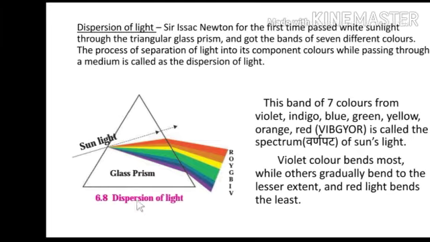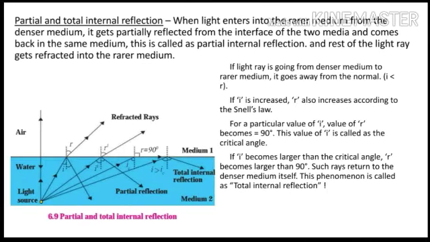Now, the next part is partial and total internal reflection. When light enters into the rarer medium from the denser medium, here consider the inverted condition. Light is coming from this denser medium, here water is shown, and here there is air. Light is coming from the denser medium and entering into the rarer medium. Now this light ray gets partially reflected here.